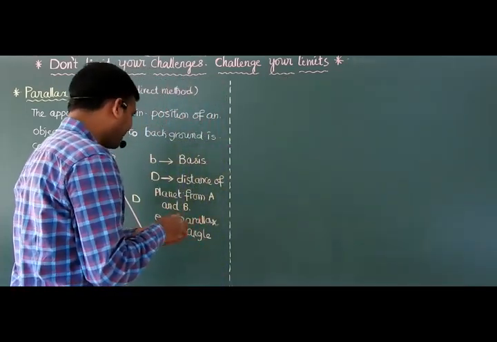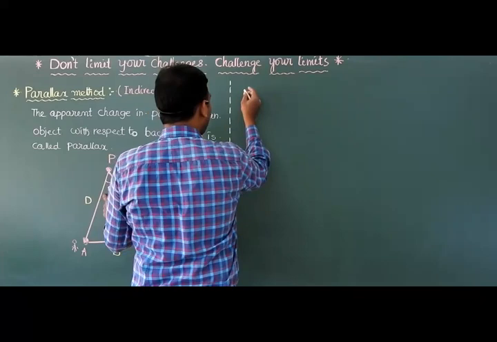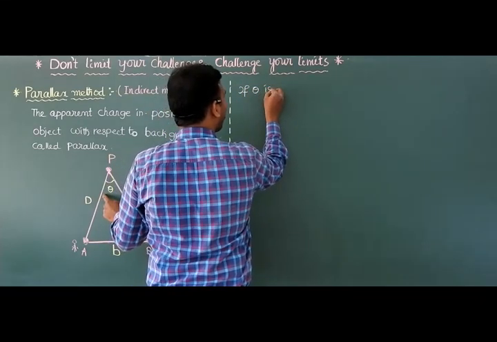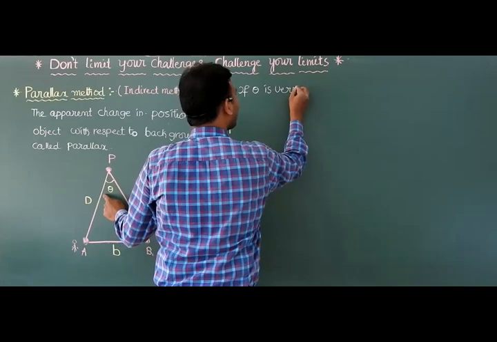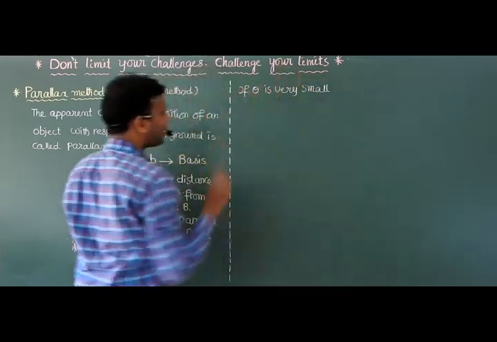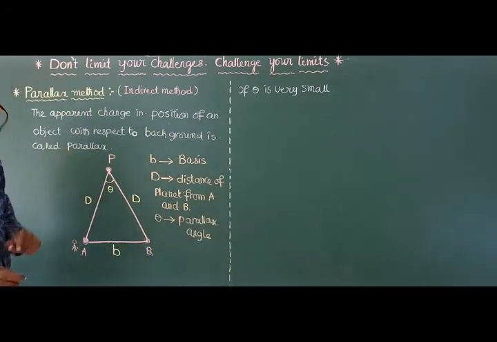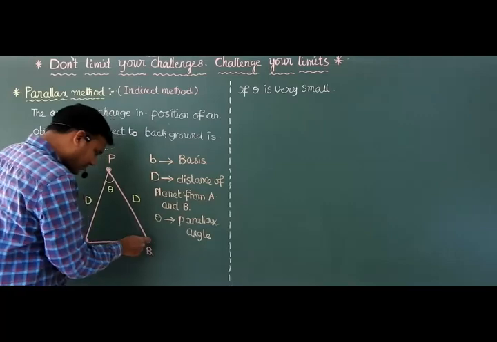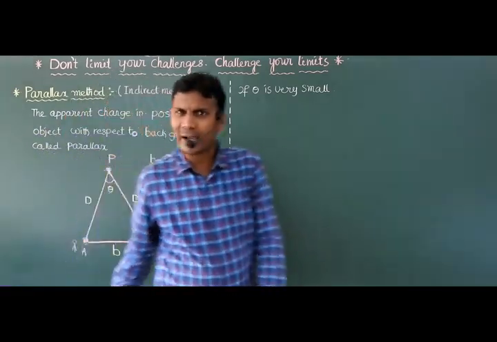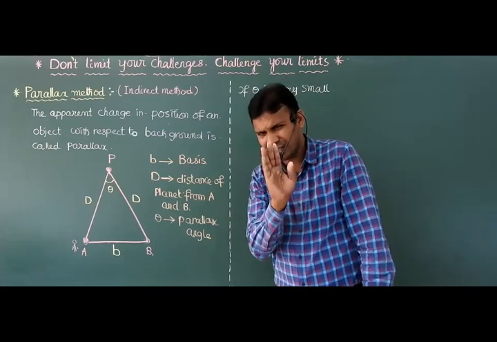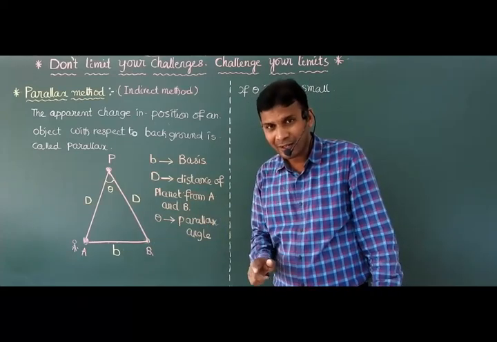Listen carefully. If this theta is very small, what happens? This is a straight line AB. For your eyes, is this AB a straight line or a curved line? Just observe, AB is a straight line only.